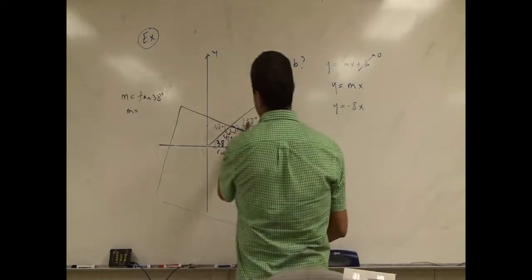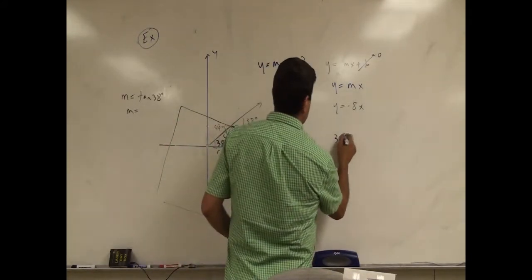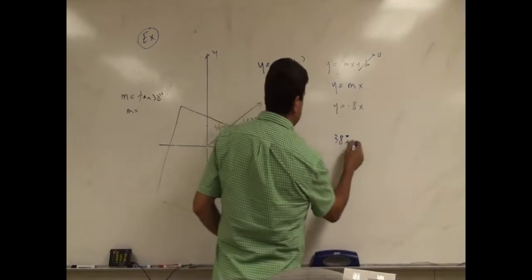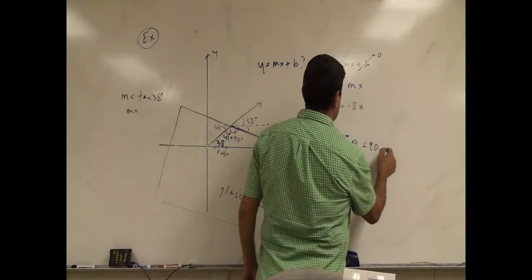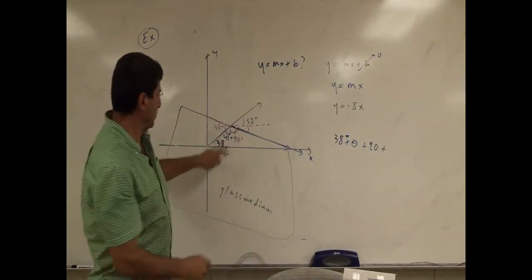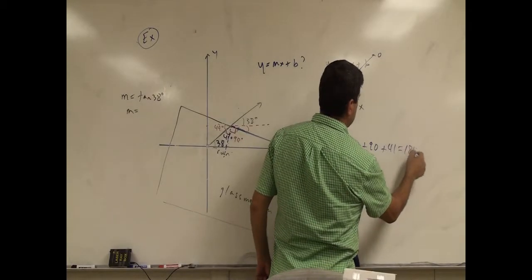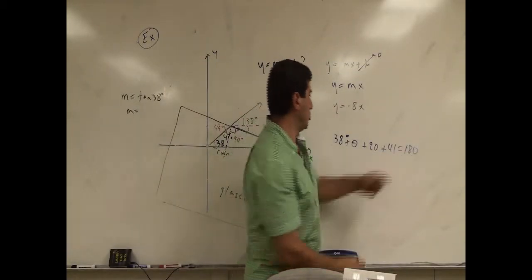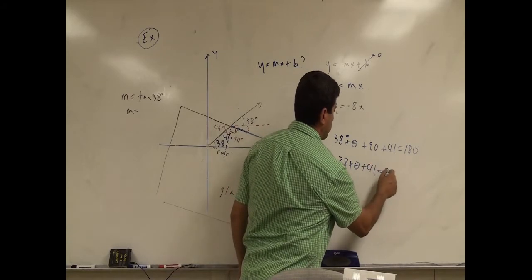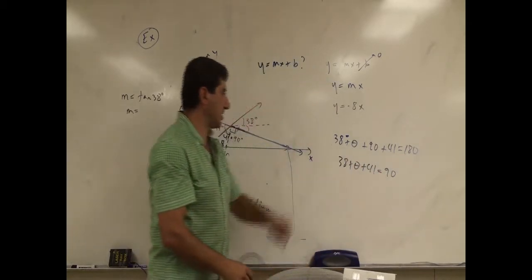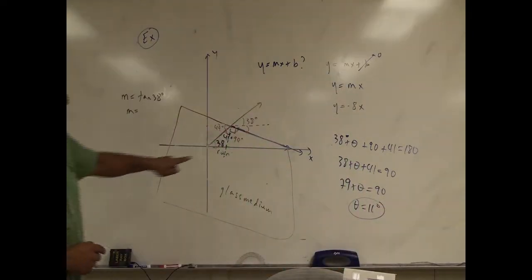So I'm going to say 38 plus whatever that angle is, plus 90 plus 41 is equal to 180. Well, if you take the 90 over there, it's like saying 38 plus theta plus 41 is equal to 90. So then 38 plus 41 is equal to what? So then that means theta is 11 degrees.